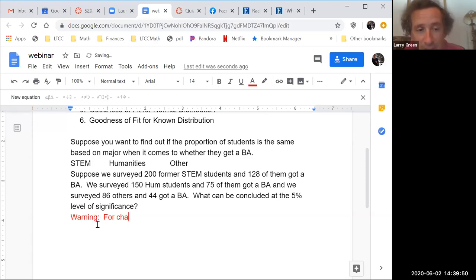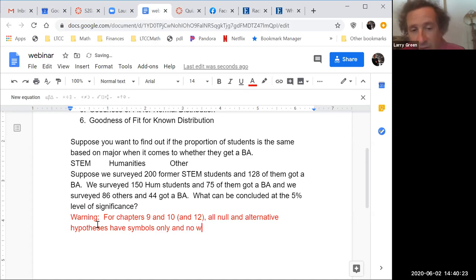For chapter 9 and 10, and I'll even write and 12, which you don't know about yet, all null and alternative hypotheses have symbols only and no words.